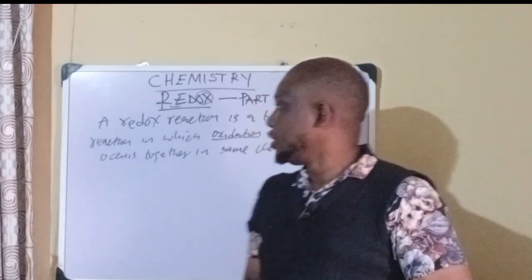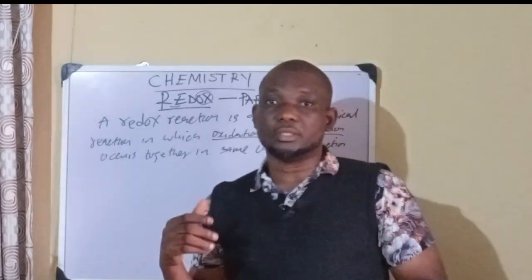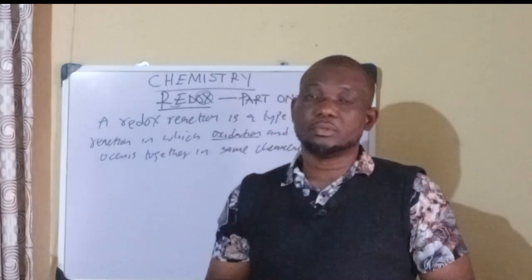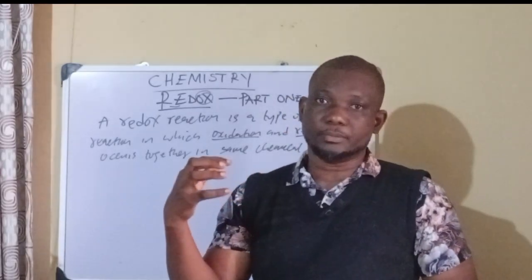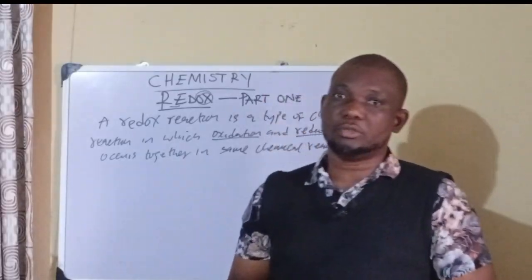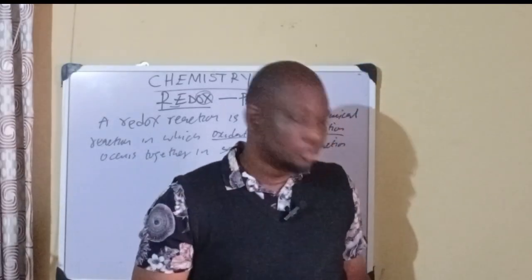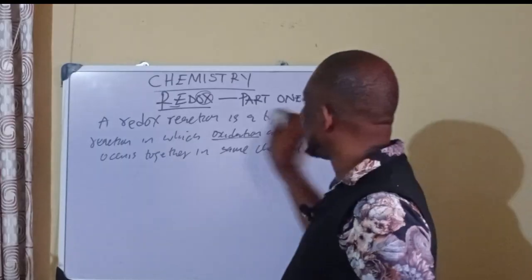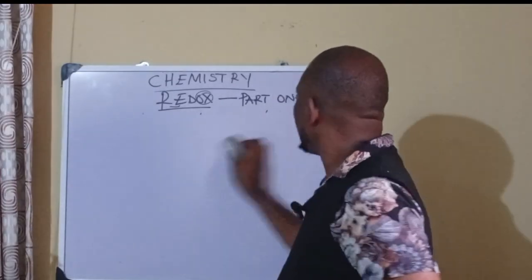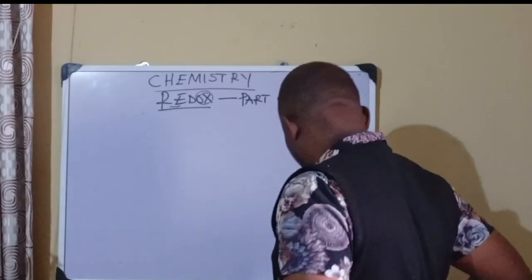as simple as that. But you must know in this video the oxidation numbers of chemical substances are most often obtained by a certain rule. There's a set rule for knowing the oxidation number of some chemical substances. So in this video, we're going to be looking at rules that govern oxidation numbers of some chemical species.